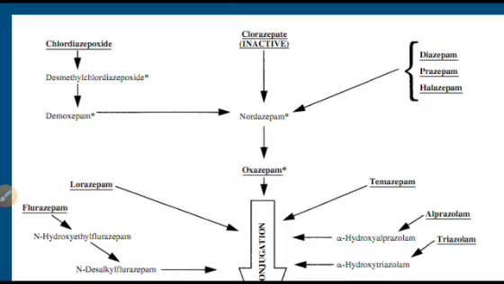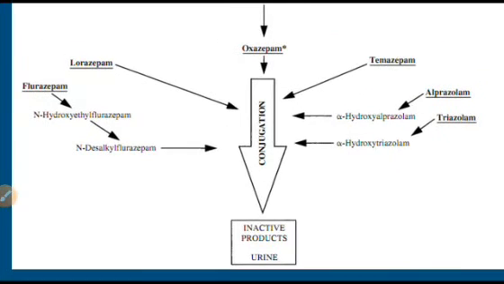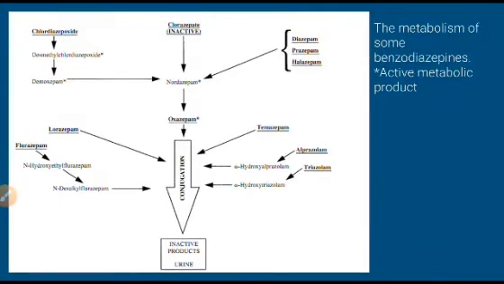Here diazepam, prazepam, halazepam also convert into nordazepam, which again converts into oxazepam. Here also lorazepam, flurazepam, temazepam, alprazolam, triazolam. By various mechanisms, they convert into various metabolites, right? And after this metabolism, they form inactive products, and they go through urine.